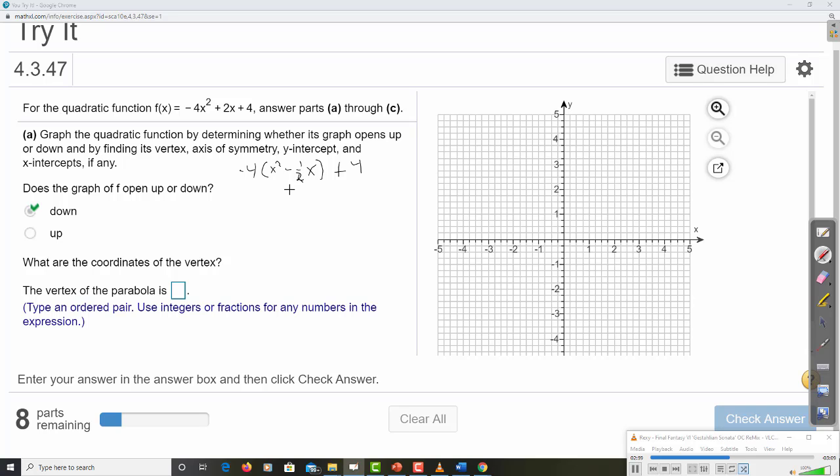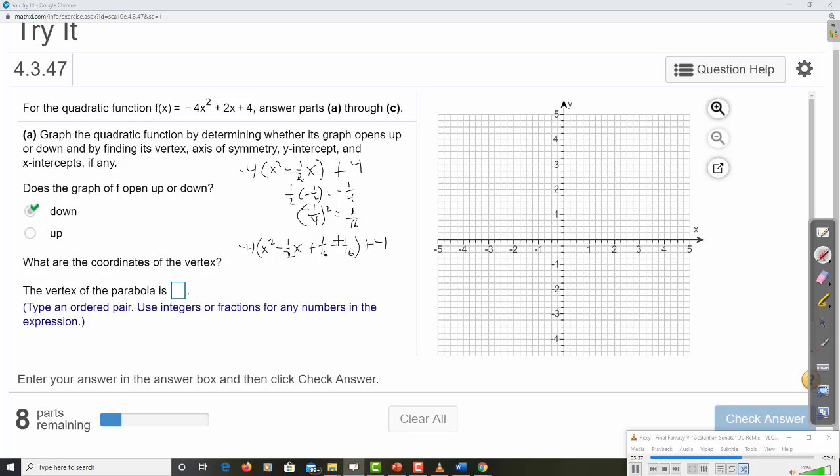I'd take half of this, 1/2 times negative 1/2. It's negative 1/4. And then square it. So that's 1/16. Then I got to add and subtract it. So negative 4 times x squared minus 1/2 x plus 1/16 minus 1/16.